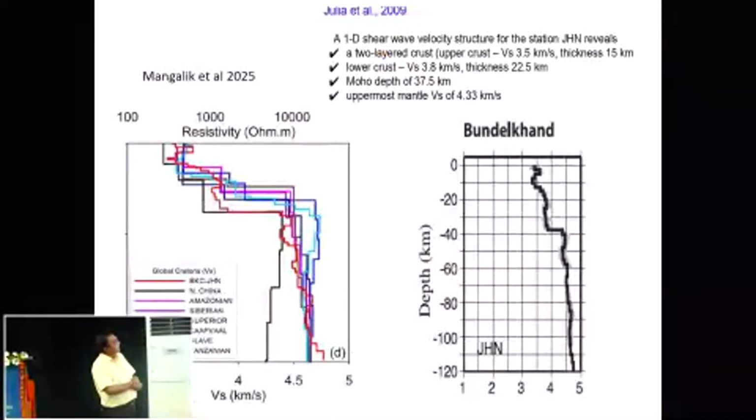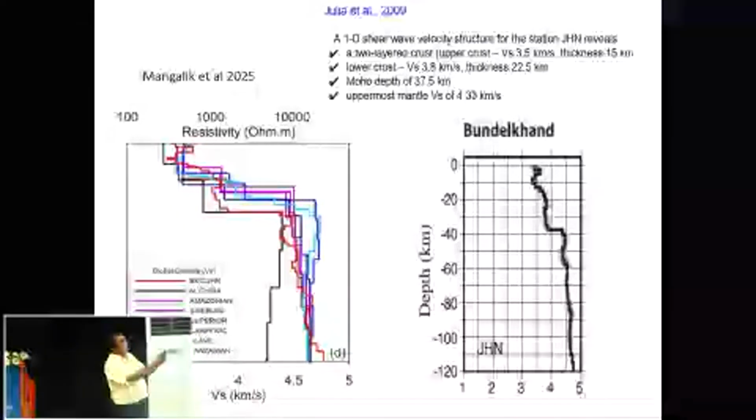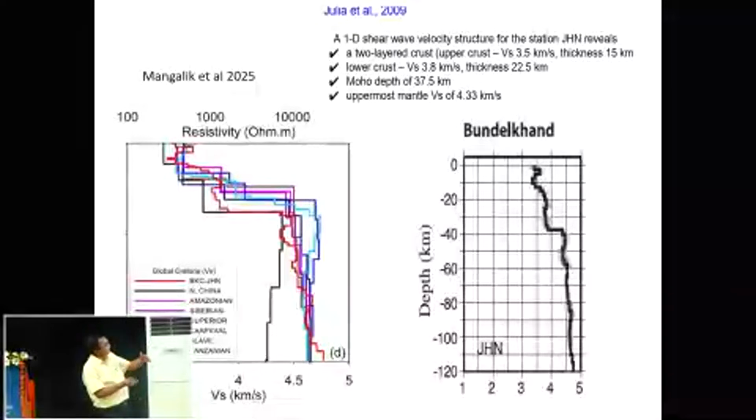Julian in 2009 pointed out the Moho at a depth of 37.5, and Mangalik correlated this value with our heat flow and thermal data, showing that the Bundelkhand is also like other cratons of the world.